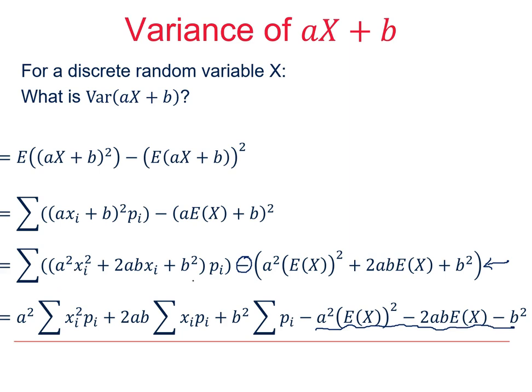Here, using the definitions, if we take the a squared out as a constant, we're left with xi squared pi. If we take the 2ab out as a constant, we're left with xi pi. And we have b squared multiplied by sigma pi. You should know what we do with the sigma pi, and you should recognize sigma xi pi and also sigma xi squared pi.